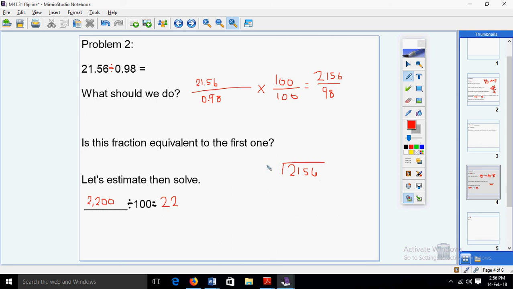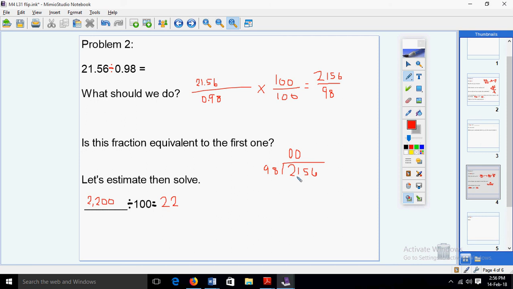Now this one is not as nice and easy as our last one, but we can still figure it out. All right, we're going to divide by 98. So 98 cannot go into 2. I'm going to go ahead and put my 0 there. 98 cannot even go into 21. So I'm going to put another 0, but 98 definitely can go into 215.